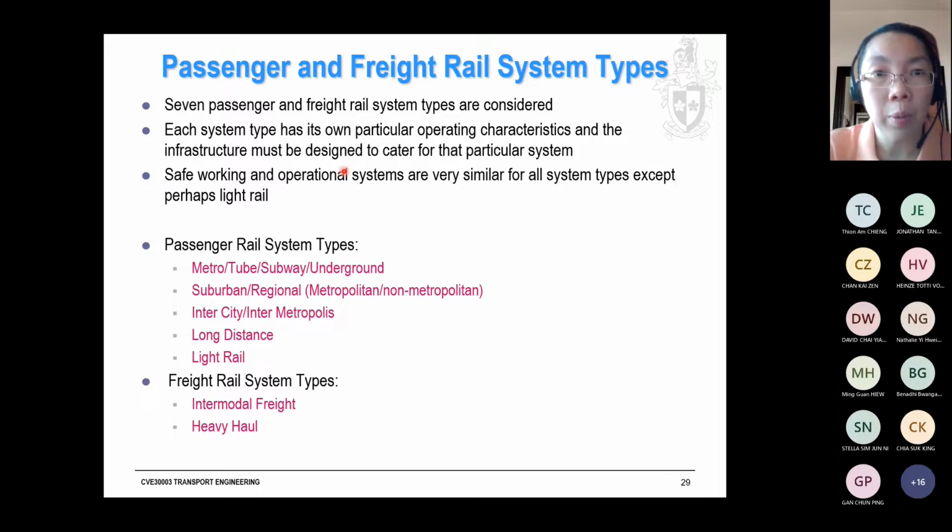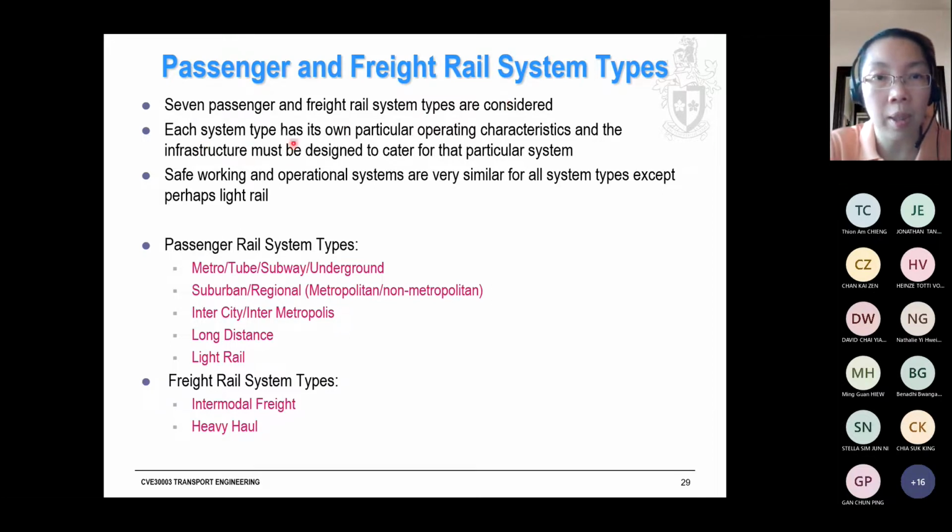All right, so then we move on to look at passenger and freight rail system types, the different types of rail system used to carry passengers and freight, okay, and goods. So seven passenger and freight rail system types are considered here.